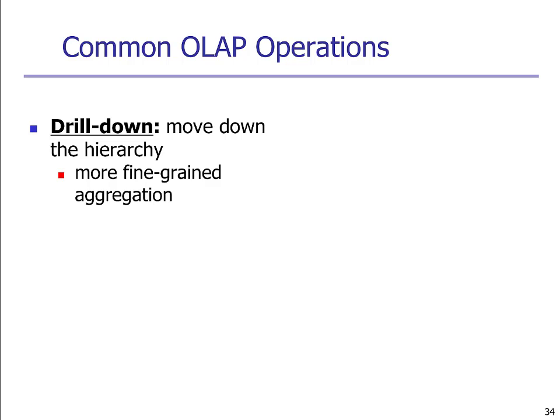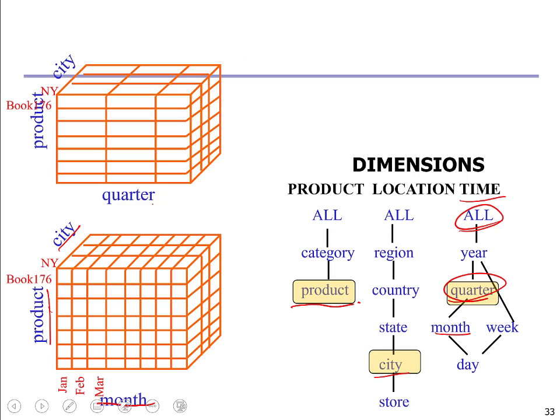Drill down can also mean adding a new dimension to the current data cube, right? For example, say we currently only have product and location, because the level of the time dimension is all, so it will not be reflected on the data cube.